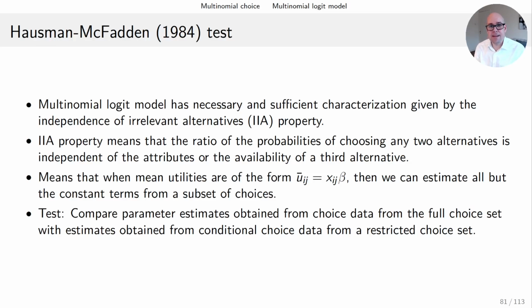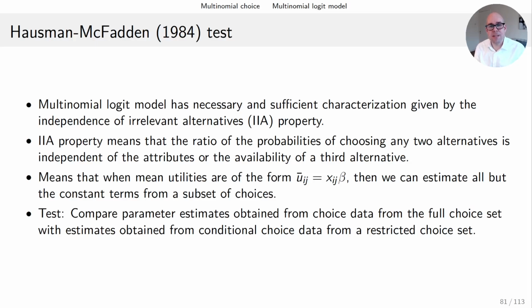As a little aside, you can say that this is a bug, but it's also a feature of the model, right? Only because of this property we can actually predict what demand would be for alternatives that have not been there. Okay, so we get the mileage out of this property.